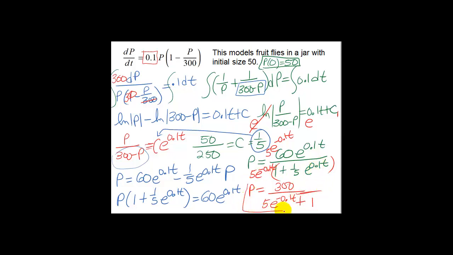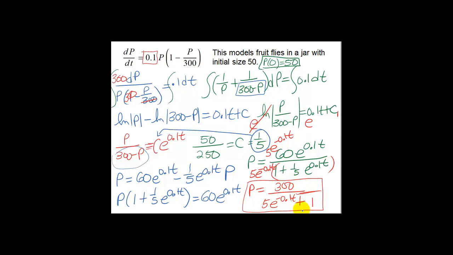So this is the solution to our logistics differential equation, and it lets us see what's going on with this fruit fly population at time t. And we can see the carrying capacity or limiting factor here, because if we let t approach infinity, so we're letting time go larger and larger, we know that as t gets large, this goes to 0, and we would have 300 over 1.